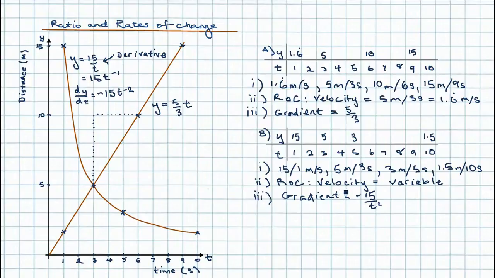So let's just have a couple of problems to finish this part of the video. For part 4, we're going to find the velocity, so find v when t equals, let's keep it simple, when t equals 3. Okay, so at this crossing point here.